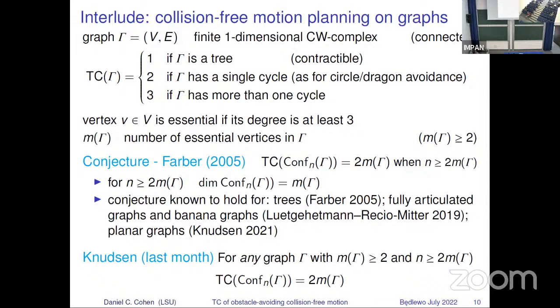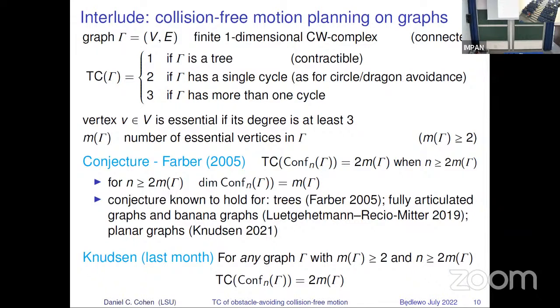Call a vertex essential if its degree is at least 3, and m(Γ) will be the number of essential vertices in the graph. For the rest of this page, I will largely assume that this number of essential vertices is at least 2. So in 2005, Farber studied the topological complexity of the configuration space of ordered points on a graph. And he was able to carry out the calculation for trees.